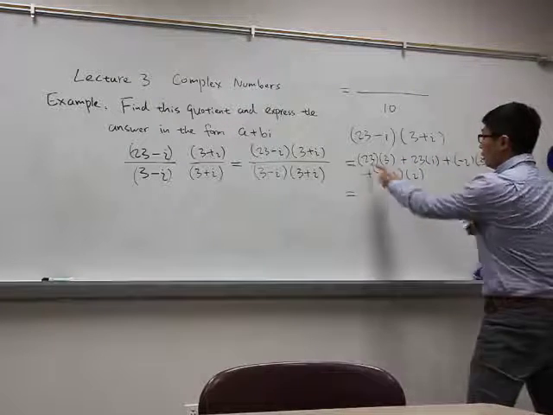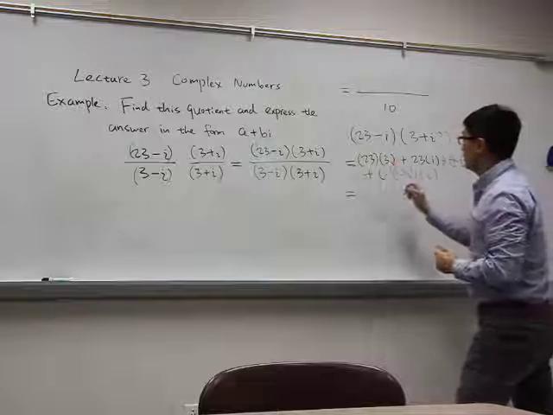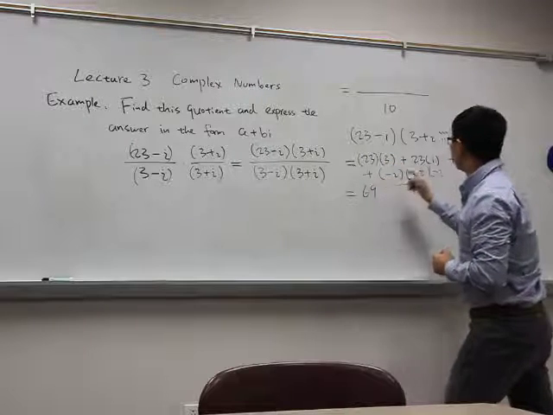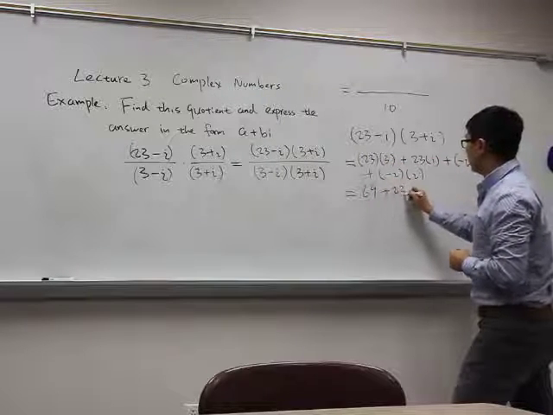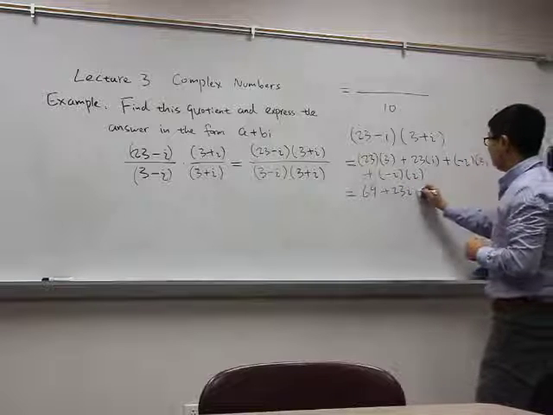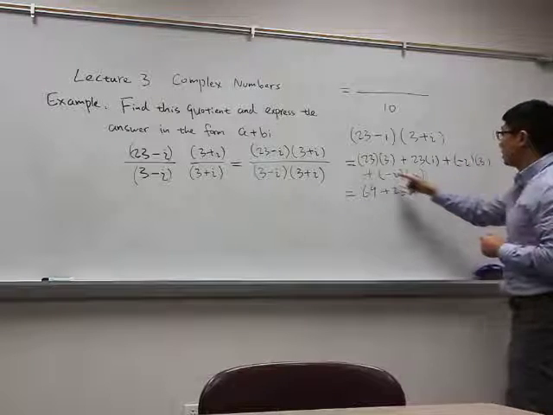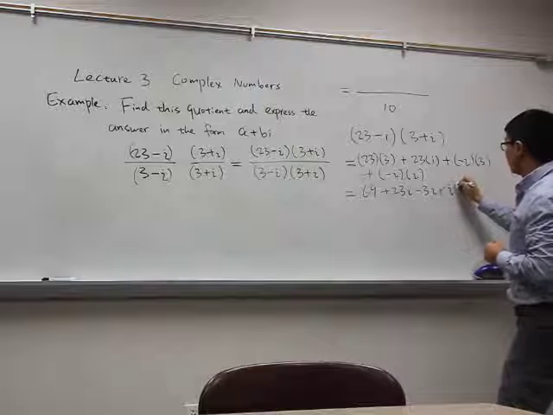So I have 23 times 3, this is 69, and this is 23i, this is minus 3i, and this is minus i squared.